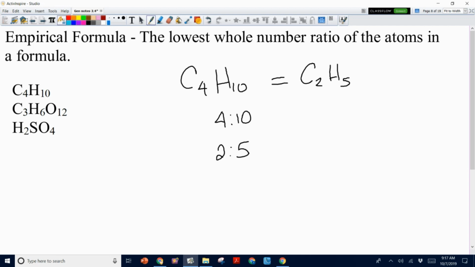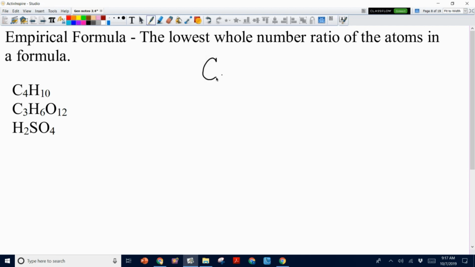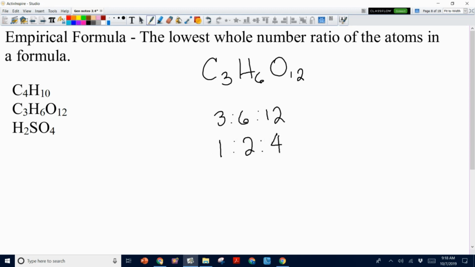Okay, let's try another example. C3H6O12. Right now the ratio is 3 to 6 to 12. And each one of these is divisible by 3. So that's going to be 1 to 2 to 4. And this isn't reducible after that because we have 1 as one of our ratios. So this is going to be C1.